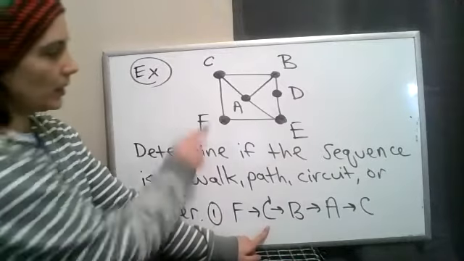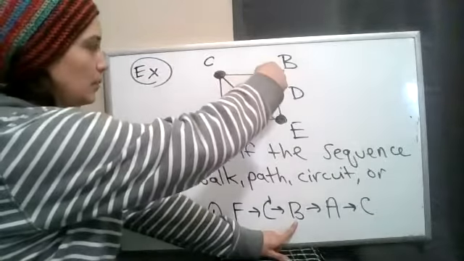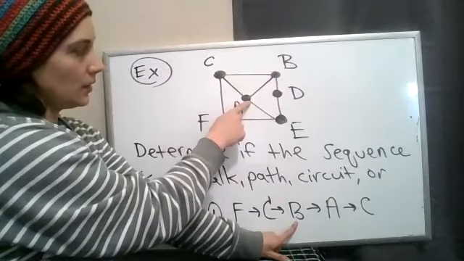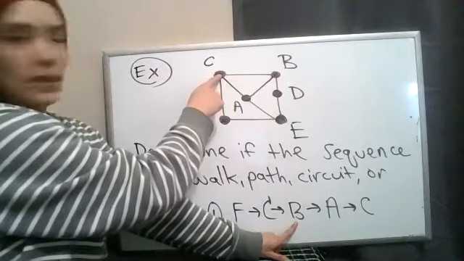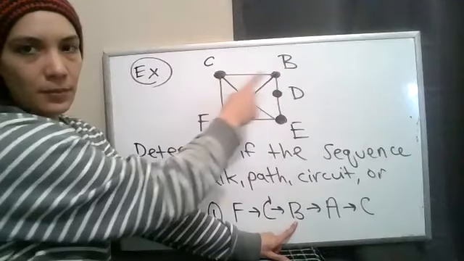F to C would be here to here, C to B, go across, B to A, and then A to C. So we do have a walk, F, C, B, A, C.